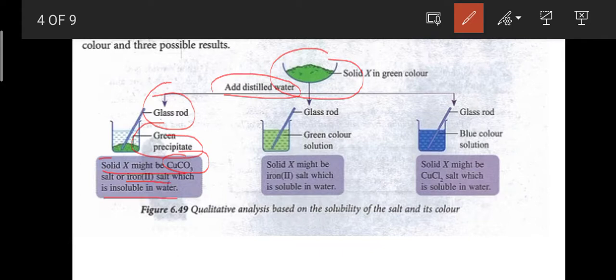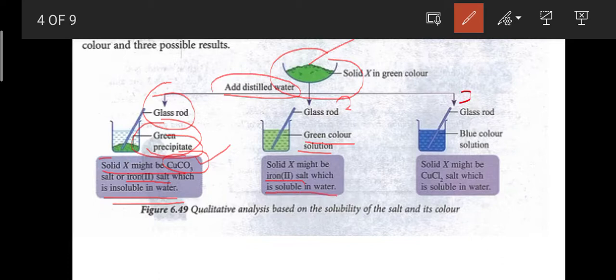So if it forms a green precipitate here, we know it is insoluble in water, so the possibility is a copper carbonate salt or an iron 2 salt. Second one, if we get a green solution, solid X might be an iron 2 salt, which is soluble in water.